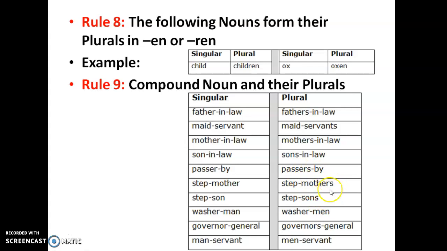Stepmothers. Here the S comes after mother. Stepsons. Washermen. Here, as you used man, men, same here. Then governor general means governors general. S should come next to governor. Then man servant. Here also man changes into men.